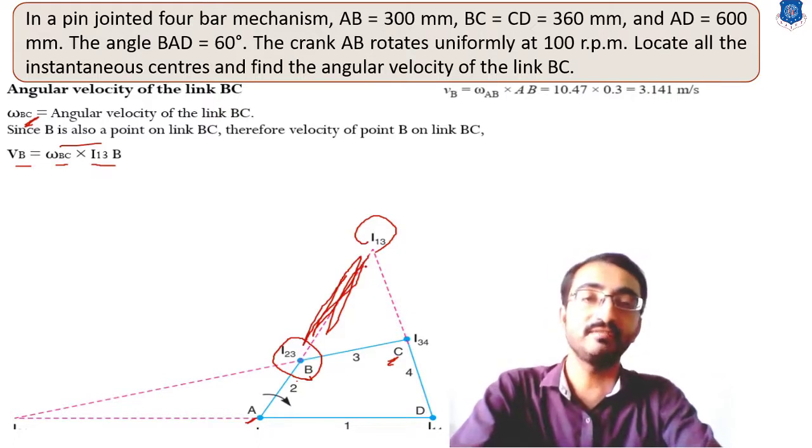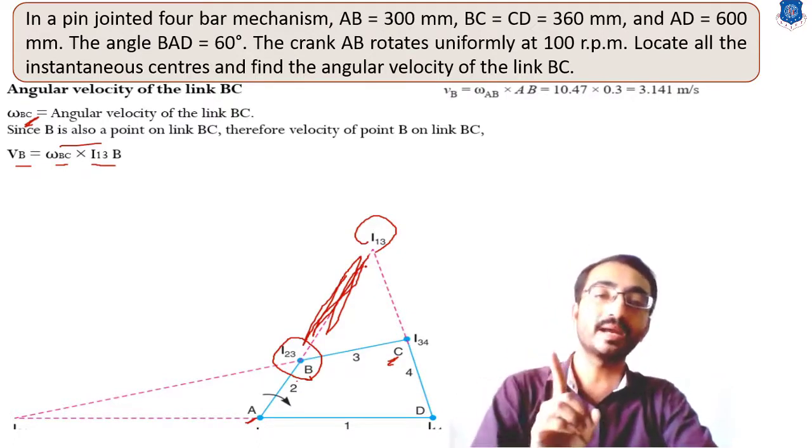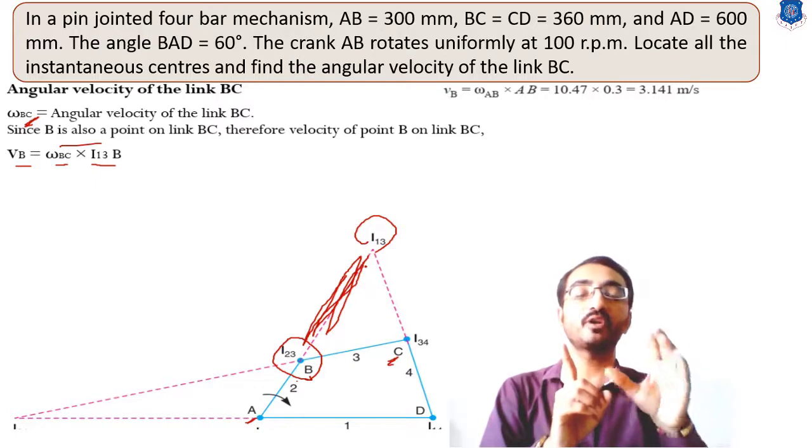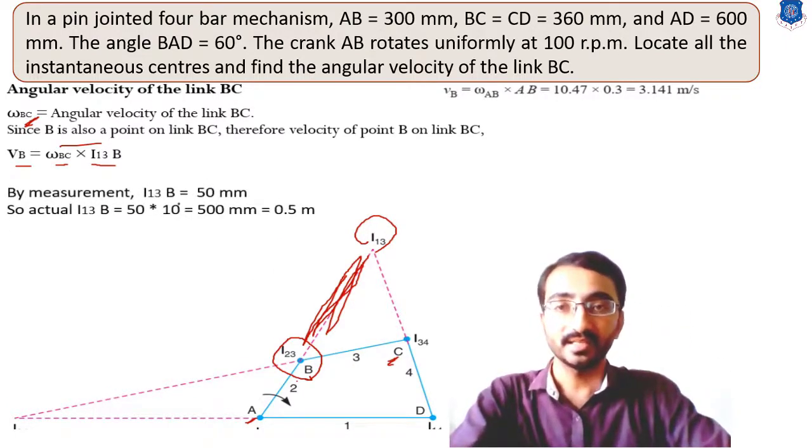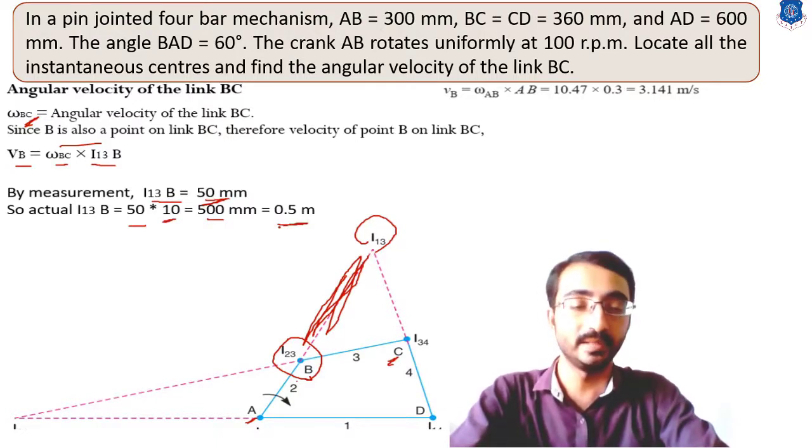Initially we have considered that 1 mm in the drawing will represent 10 mm of the actual scale. So by measurement, if you measure the I13B distance, it is equal to 50 mm. Now 50 into the scale of 10 will give us 500 mm, or in meters it will be 0.5 meter.